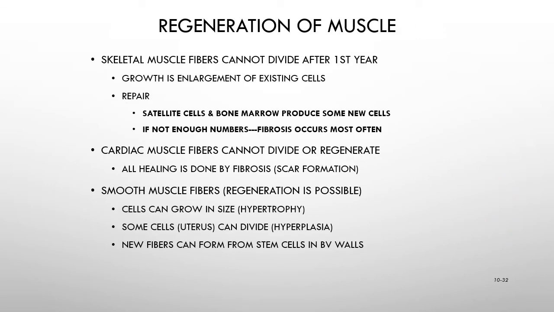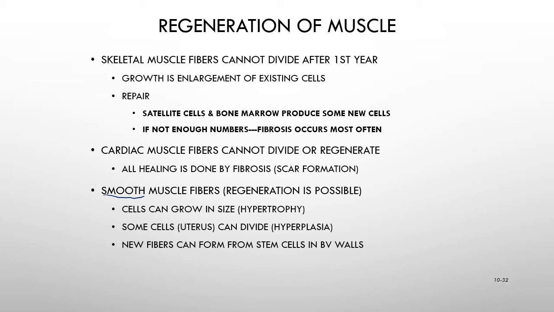When it comes to damage to a muscle cell, essentially we can't fix it. The one exception is smooth muscle. Although we have the ability to regenerate some individual cells here and there, cardiac muscle and skeletal muscle just do not have the general ability to create healing within a muscle so that we get more muscle cells.